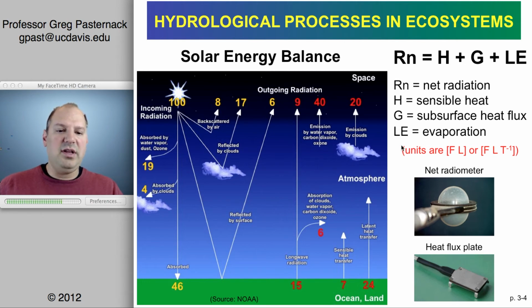Now let's think about units for a moment. In this equation, we're talking about energy, and you may remember from Introduction to Physics that energy has the same units as work, which has the units of force over a length. If you take that and look at it as a rate, like force over length per unit time, then we tend to think of that more as a unit of power.